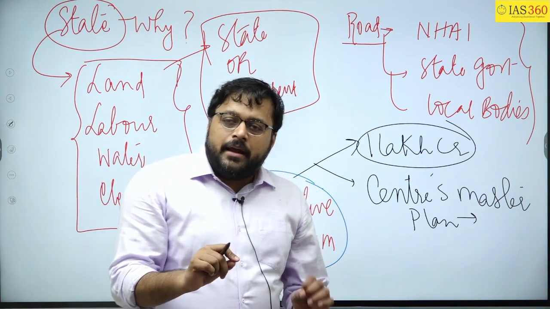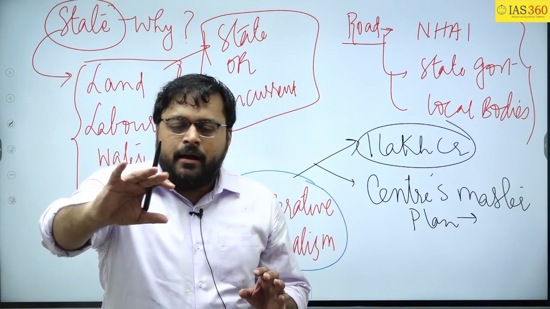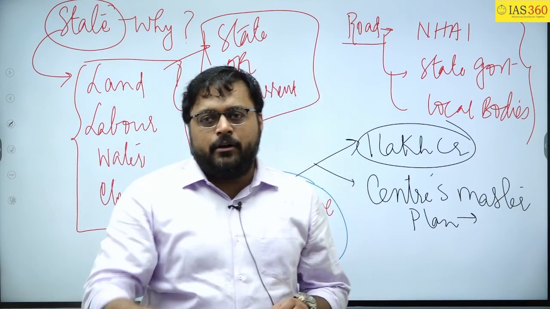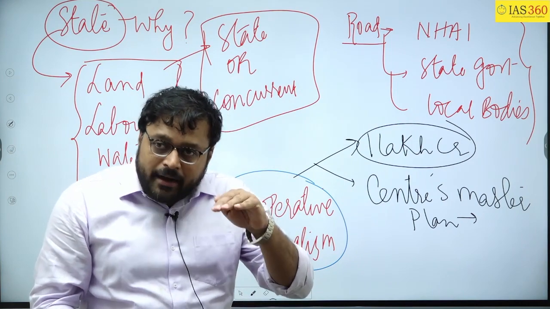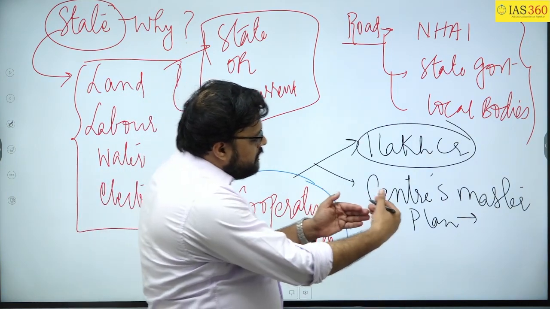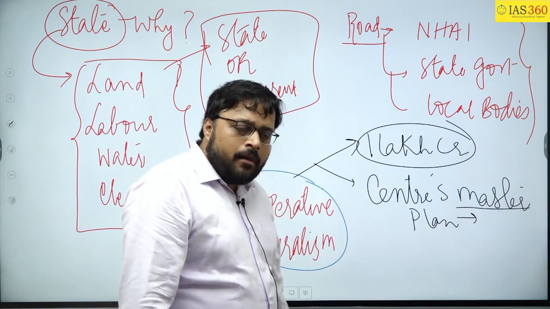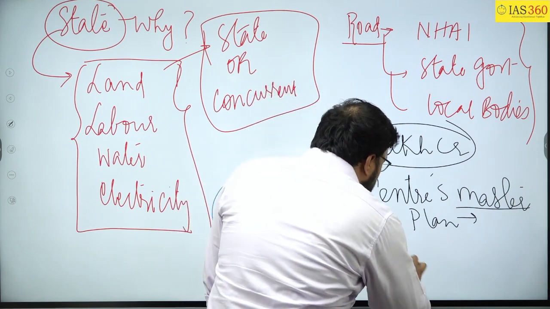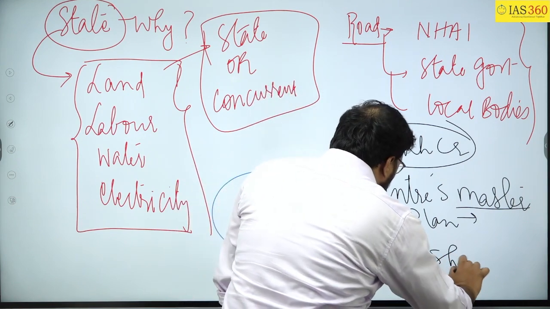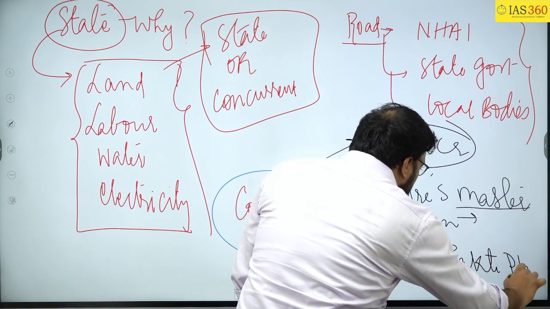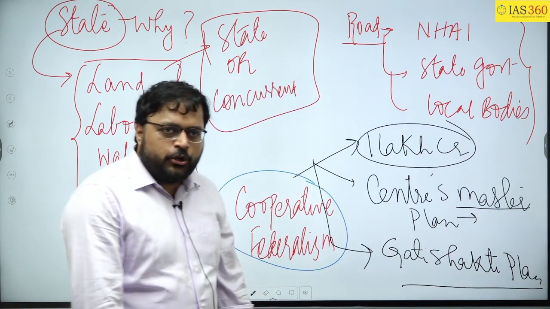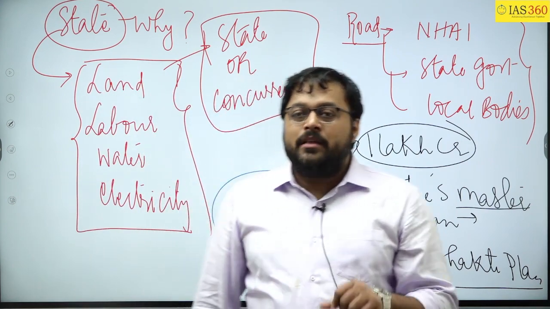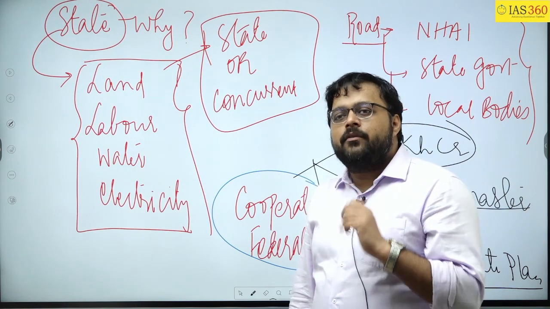And here a state is creating its own plan. It is not that the plan has been created by the center and then given to the state. No. A state is creating the plan and then it is being inserted in the center's master plan. Again, if a state wants to have its own Gati Shakti plan, then they can do this. There is no issue. So these are the 3 steps which have been taken to ensure cooperative federalism.